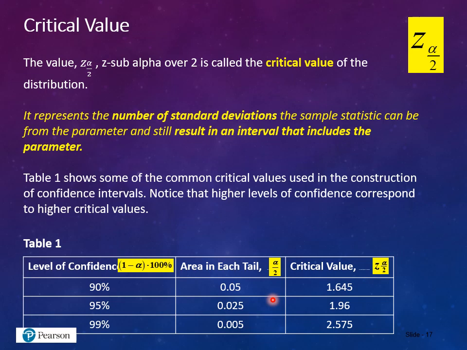So if we have a 90% confidence level, that gives us an alpha of 0.1, right? Okay. Or 10%, you might say. And so alpha over 2 would be 0.10 divided by 2, or 0.05, and then that critical value is 1.645, okay.